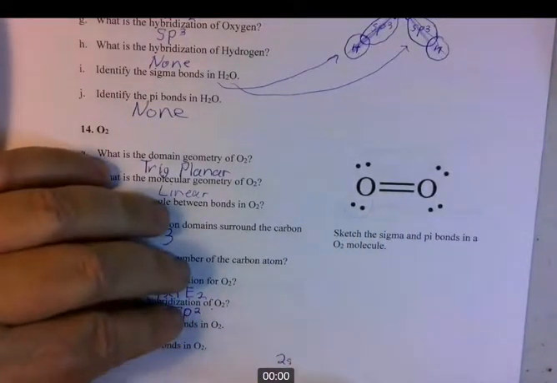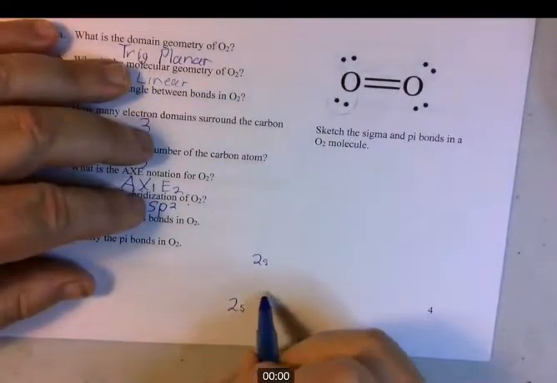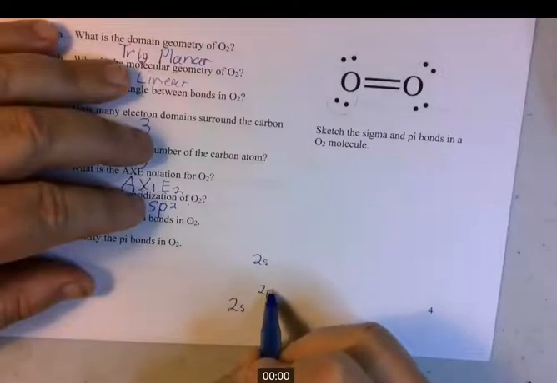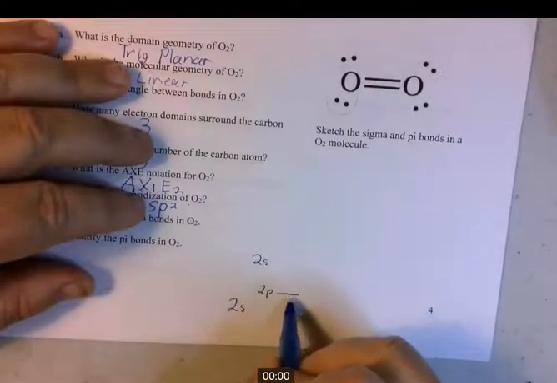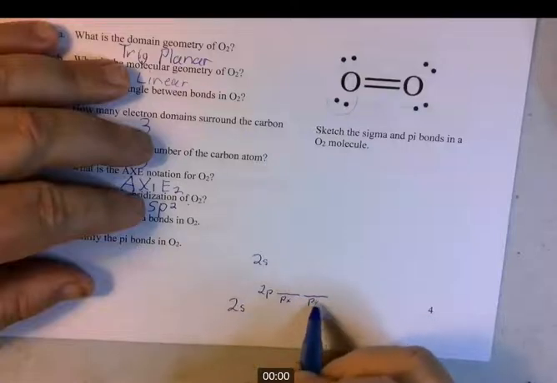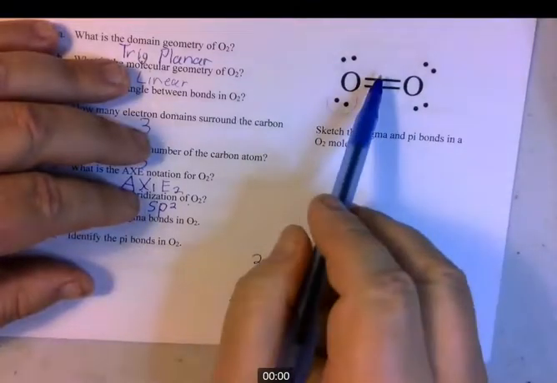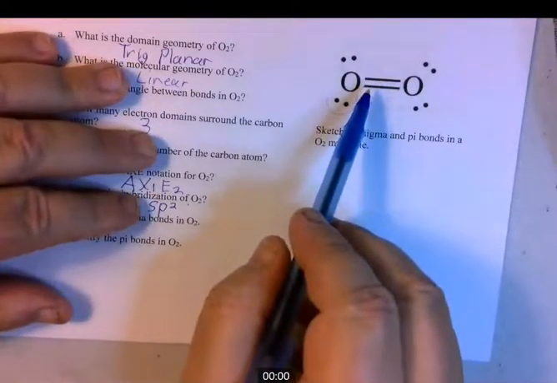So this isn't on your sheet because we're not used to dealing with 2. So here's what I'm going to write. I've got a 2s. Let's do this down at the bottom. I want to show you this. So you've got 2s and then you've got 2p, and that's going to be px, py, and pz. Now one thing we know is we see a double bond. That means we definitely are going to have a pi bond in here somewhere.